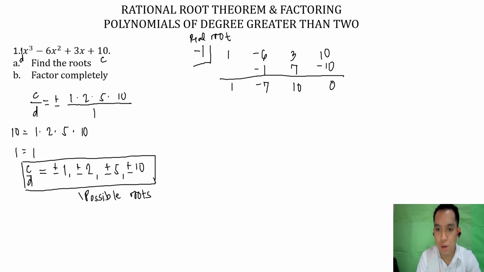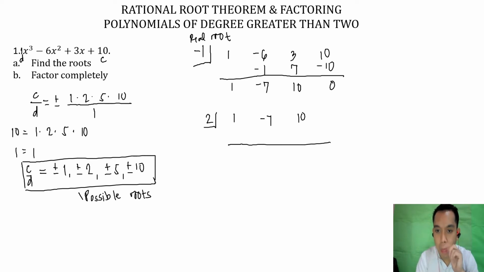Next. Okay, just continue this. Just copy the 1, negative 7, and 10. Then let's use positive 2. Then divide.